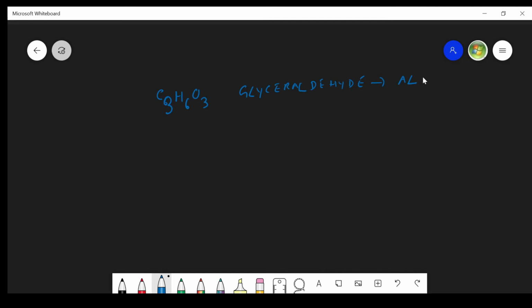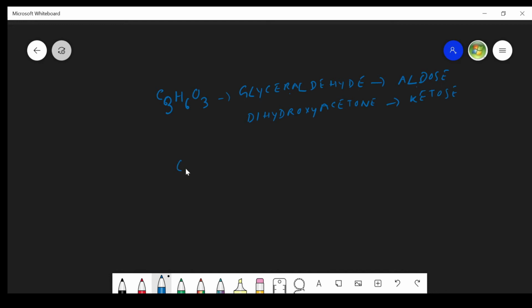Glyceraldehyde is an aldose sugar, but when it becomes ketose, the name changes. Dihydroxyacetone. Is it clear to you that C3H6O3 is the formula of glyceraldehyde, as well as for dihydroxyacetone? If it is aldose, we call it glyceraldehyde, and if it is ketose, we call it dihydroxyacetone.